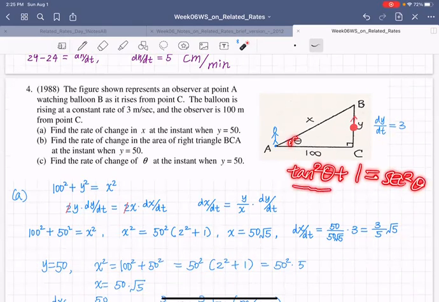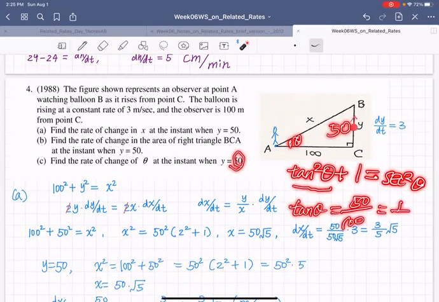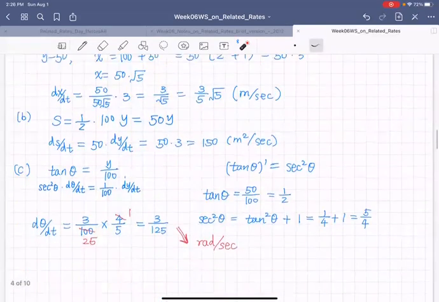How much is tangent theta here? y over 100, y is 50. So tangent theta equals 50 over 100, which is just 1/2. So this guy is 1/2 square, which is 1 over 4, right? Plus 1 equals 5 over 4, right? There you go. We solved the problem.